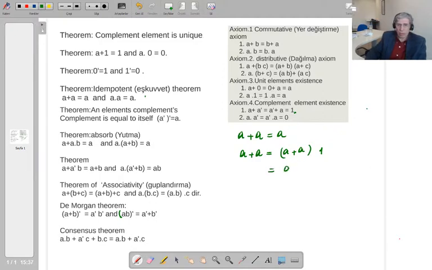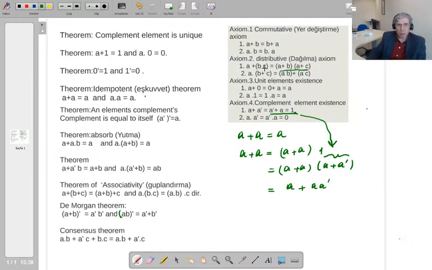And then (a plus a) multiplied by (a plus a prime). I can write this instead of 1. Here you are. I use that axiom here. And then if you look at the right hand side here, a is common, take this a out. The other elements in the parentheses are going to be multiplied here. So the right hand side I am using this.